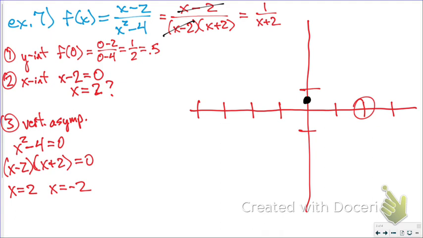Because this canceled right there, there's a hole in the graph at 2, which is why we have a circle on that spot on the x-axis. Because look, that was supposed to be our x-intercept, but yet it got canceled out. So it's kind of weird. We do have a vertical asymptote right there. So we can make that dashed line at -2.